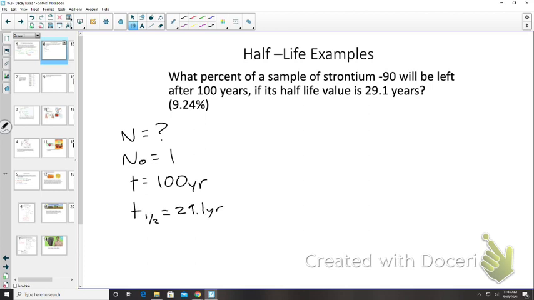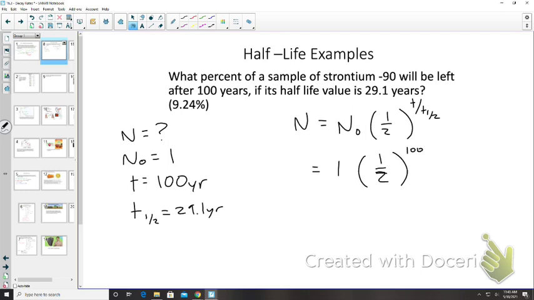Okay, so our formula, N, which is the amount of radioactive nuclei left, is equal to N naught times 1/2 to the exponent T divided by T half. So N naught is just going to be 1 times 1/2. T is 100 divided by 29.1.